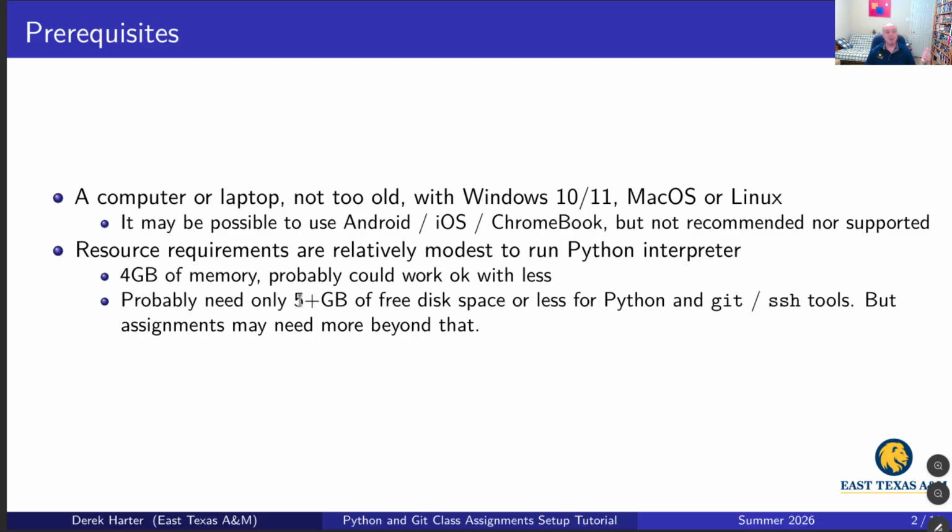All we need to install is Python and some Git and SSH tools in order to do these assignments, so it's probably a lot less than 5 gigabytes. Of course, you might need more for your actual assignment data, but just to install Python and the Git tools, there's not a whole lot you need.